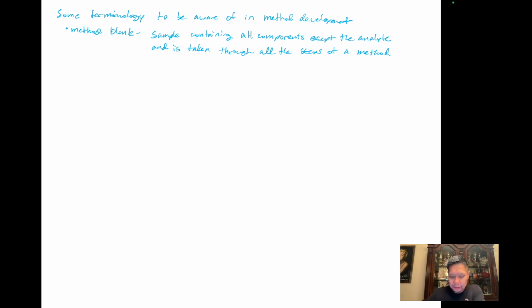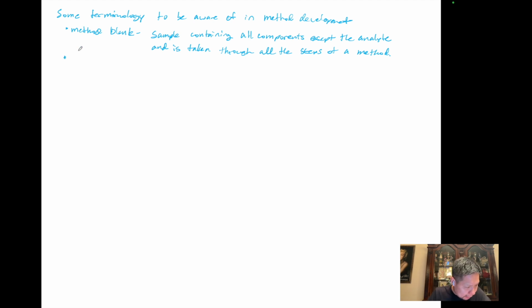So you can think of the method blank as the blank that has everything in it except for the protein standard, and then you would treat that method blank the same way you would treat all the other samples. And that's probably the most common type of blank that you'll be using in method development.